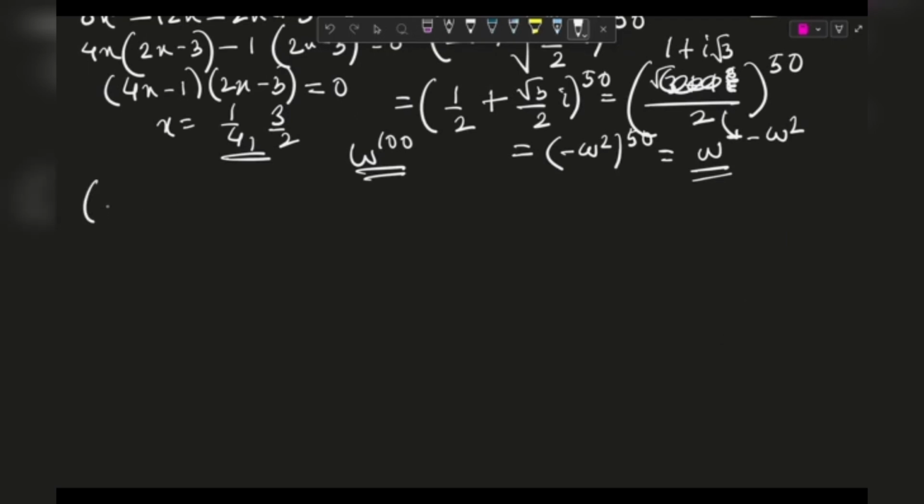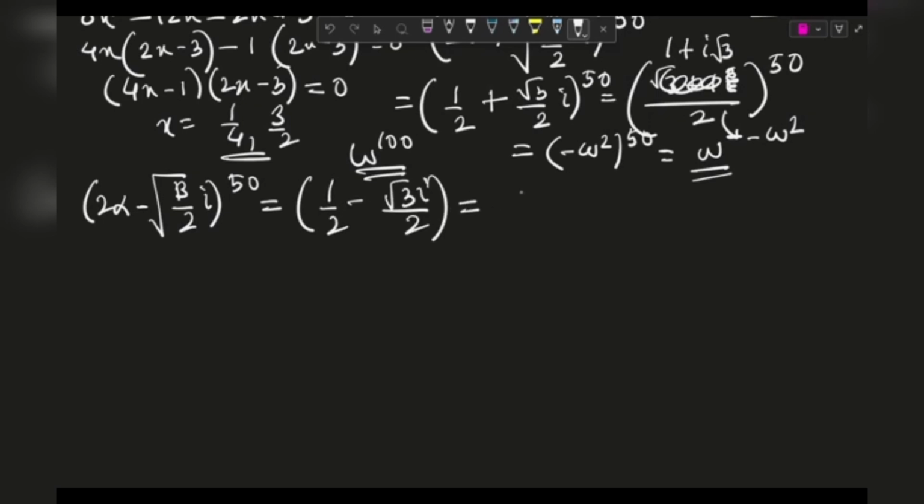And here we have (2 alpha minus root beta by 2i) whole power 50, which is once again (half minus root 3 i by 2), and we can write this as minus of, I guess, (1 minus i root 3) by 2.